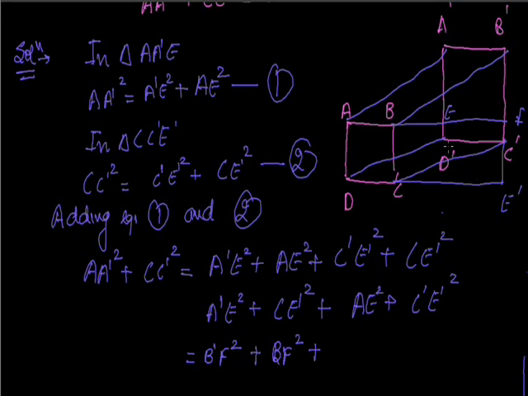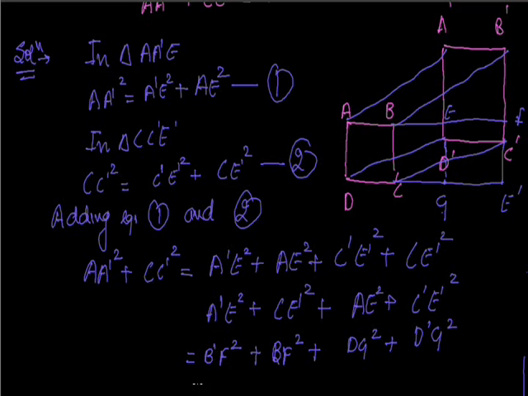Similarly, we will take a point here, let us take G, and join E to G. So AE will be equal to DG. So in place of AE we will write DG square, and in place of C'E' square we will write D'G square.